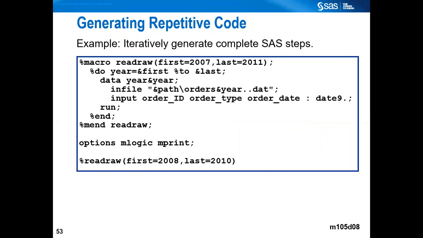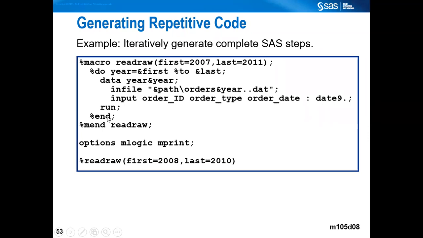Okay. And within this data step, you write an INFILE statement giving your path and your raw file name, which also includes your year value, followed by .dat. Now it's giving two periods, because one period acts as the delimiter where it has to stop reading the macro variable year, and the other is the file extension delimiter. Correct? Then the INPUT statement, where you give the columns to be read: first column, second column, third column, and the format of how each has to be read.